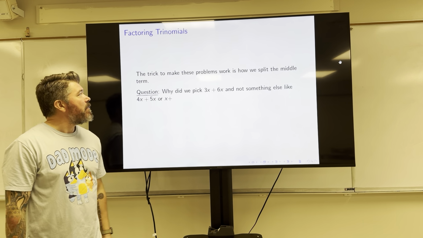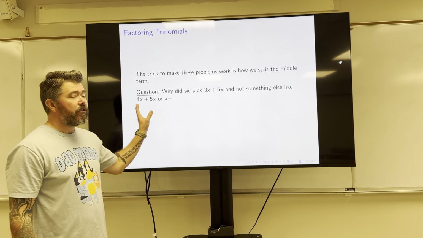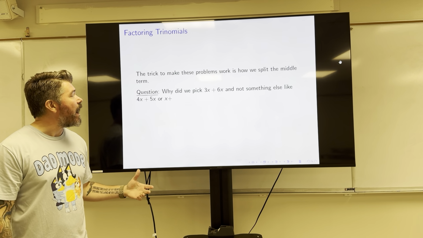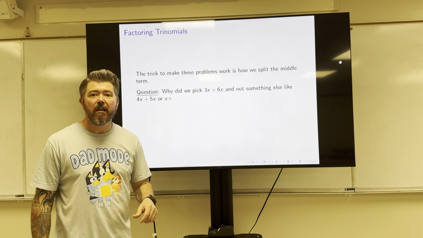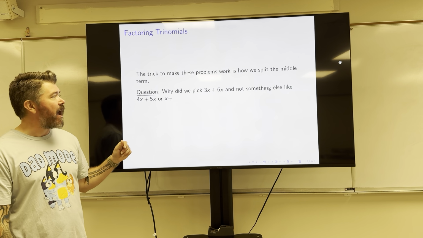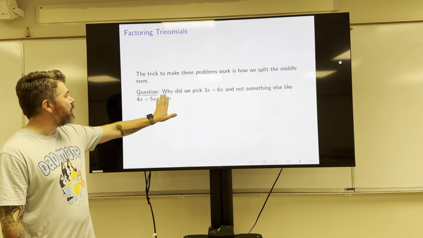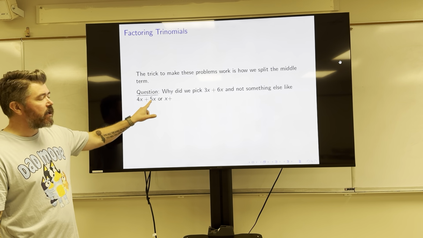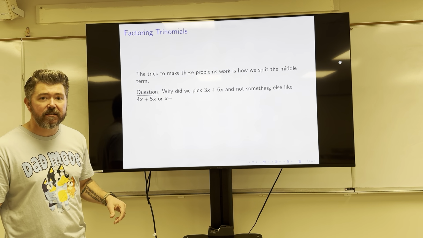Okay, so the trick to make these problems work is how we split the middle term. So the question, you may be sitting there asking yourself, well, Dr. J, why did we pick 3x and 6x to become 9x? Why didn't we pick something else like 4x plus 5x, right? 4x and 5x gives 9x.